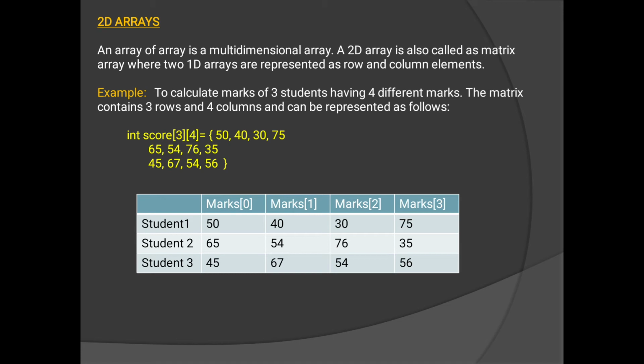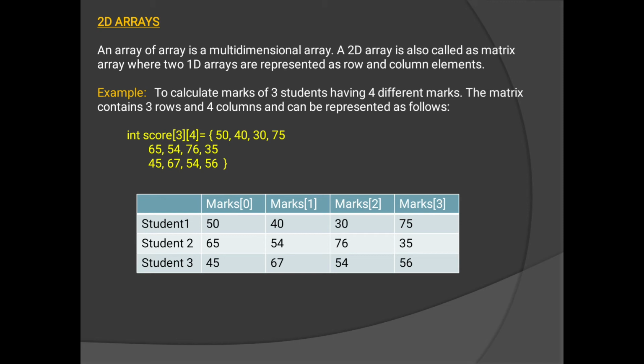So when you combine two one-dimensional arrays to form a multi-dimensional array or a matrix array, that is a 2D array, you have two indices. Here in this example you can see that score is the name of the array, and you can see the subscript [3][4] within the square brackets.